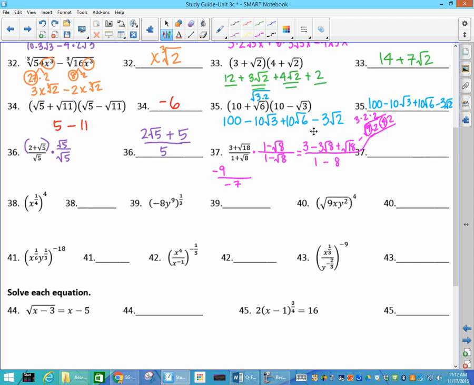So the square root of 8 is 2 square roots of 2. And the square root of 18 is 3 square roots of 2. Because that's 9 times 2. So 9 times 2 gives me 3 square roots of 2. This is 4 times 2, which is where I get 2 square roots of 2, but I had a 3 outside. So this is 6 square roots of 2, negative 6 square roots of 2, plus 3 square roots of 2. And negative 6 plus 3 is minus 6 square roots of 2.